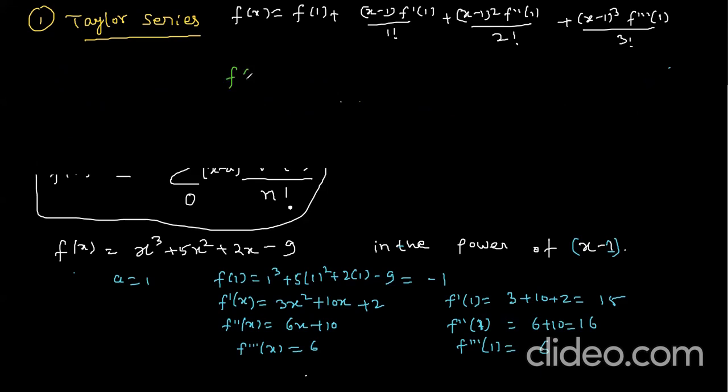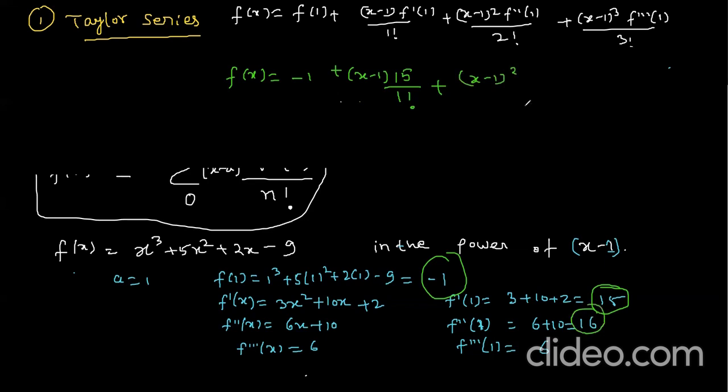So this is f of x. F of 1 is minus 1. F dash 1 is 15, so 15 upon 1 factorial times x minus 1. F double dash is 16 upon 2 factorial, times x minus 1 whole square.